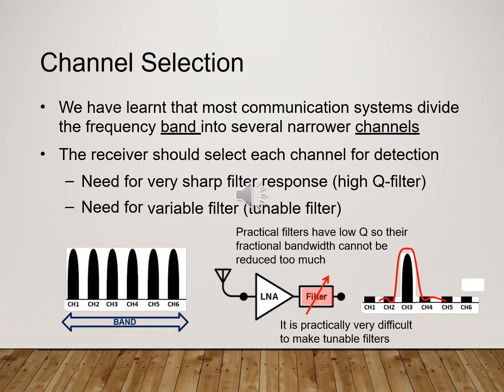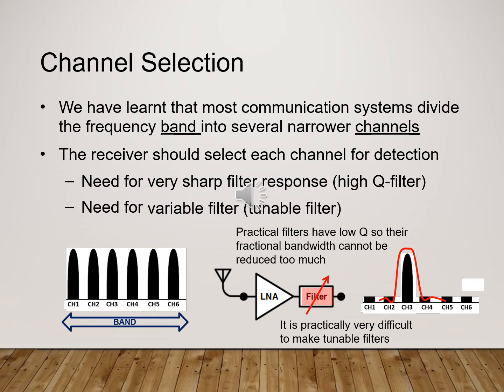Channel selection. We have learned that most communication systems divide the frequency band into several narrower channels. The receiver should select each channel for detection. So we have two needs: a very sharp filter response to divide the channels, and variable filters, which are tunable filters.